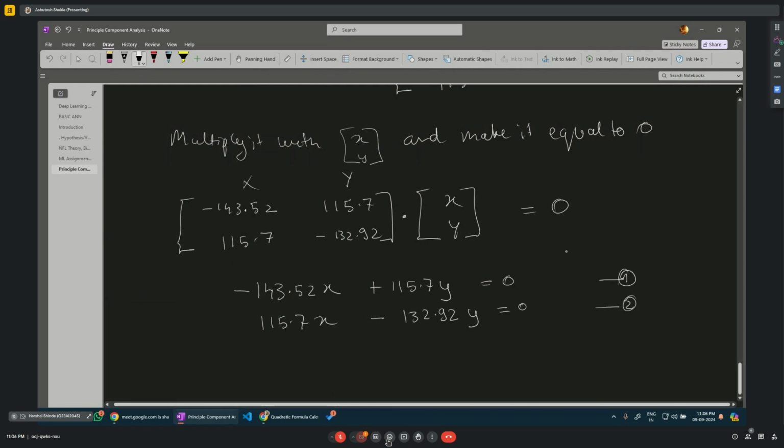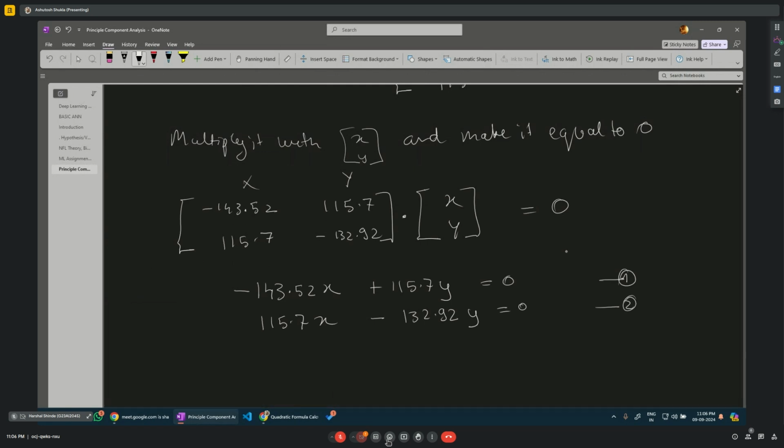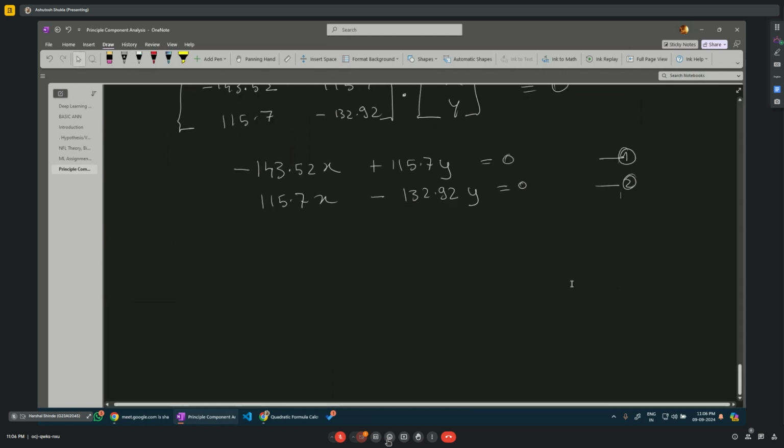That is our second equation. Now look at this, both of these are equal to 0. So it really doesn't matter which equation you take to solve this. If you try to solve this by elimination, you will end up reducing one of these to 0. So to solve this, you take either one of the equations, preferably the first equation. We'll just take that one every single time.